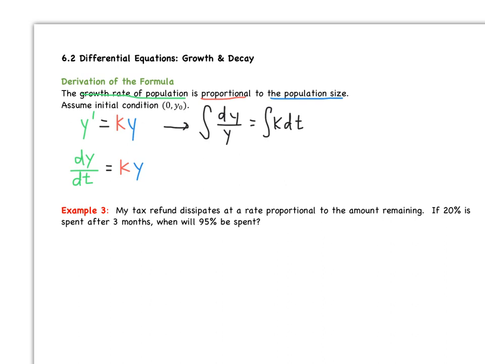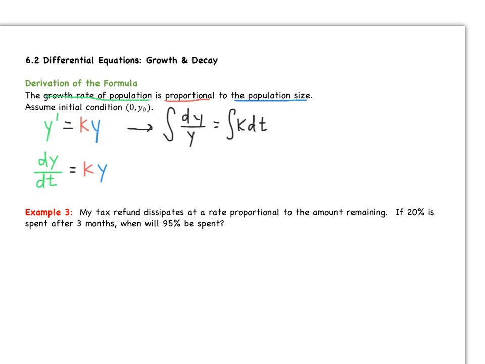So if we keep moving on, we could go ahead and integrate both sides, and when we integrate that left side, we've got ln of y equals kt plus c, okay? So raising e to both sides, we have y is equal to e to the kt plus c, or another way we could write this is y is equal to e to the c times e to the kt, okay?